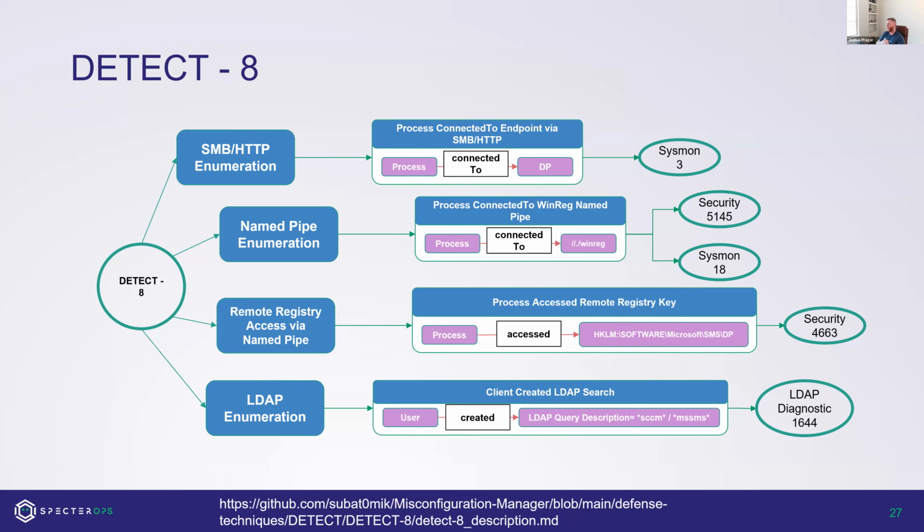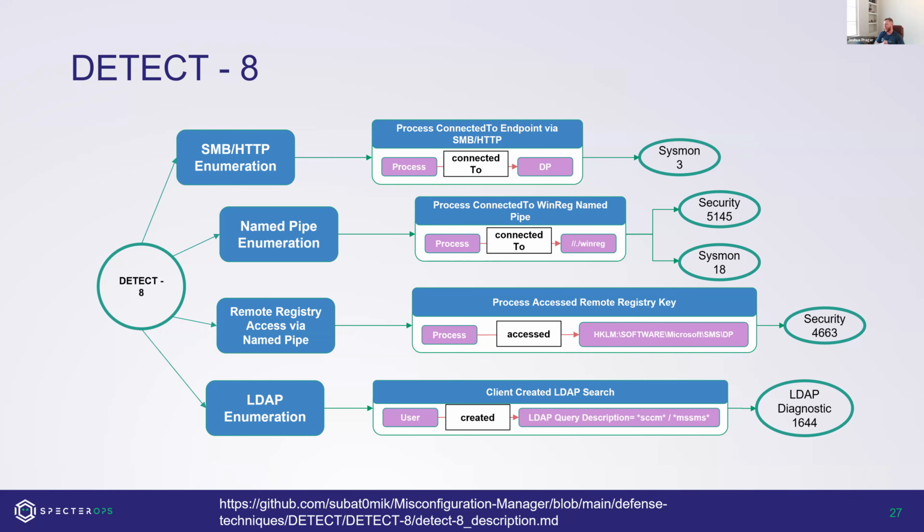Additionally, if you set detailed file share auditing on the distribution points or on any of the SCCM infrastructure, and that WinReg name pipe is connecting to any of that SCCM infrastructure, it will generate an event ID 5145 telling you what exactly within that WinReg name pipe directory or UNC path was being accessed.